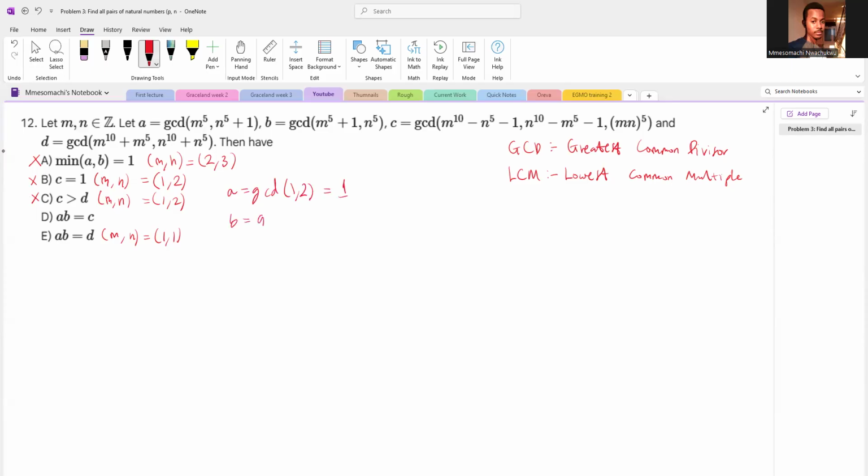Then B is equal to the GCD of 1 to the power of 5 plus 1, which is 2, and 1 to the power of 5, which is 1, so this is 1. And D is equal to the GCD of 1 to the power of 10 plus 1 to the power of 5, which is 2, and the same again, so this is the GCD of 2 and 2, which is 2. So we see that 1 times 1 is not equal to 2. So this option is wrong.